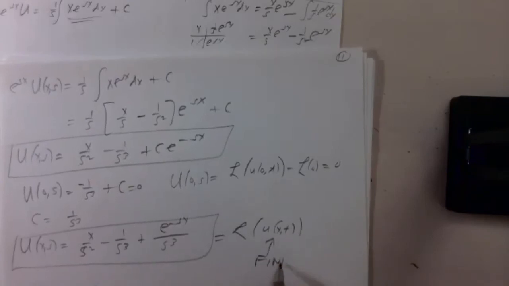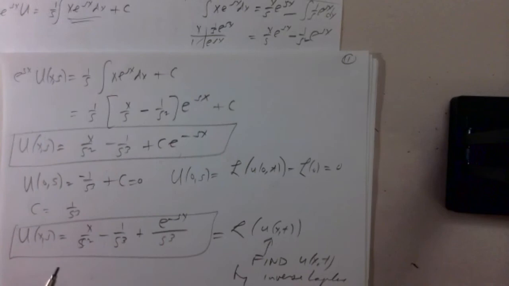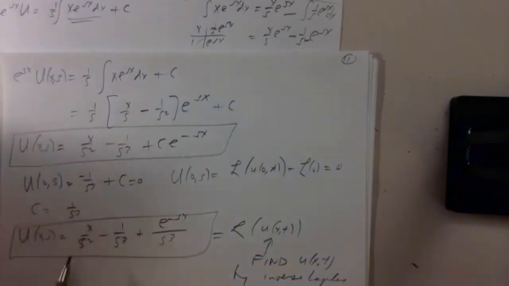So we have to find u by the inverse Laplace transform, right? What function is equal to x over s squared minus 1 over s cubed and so forth? Well, let's turn to the table.